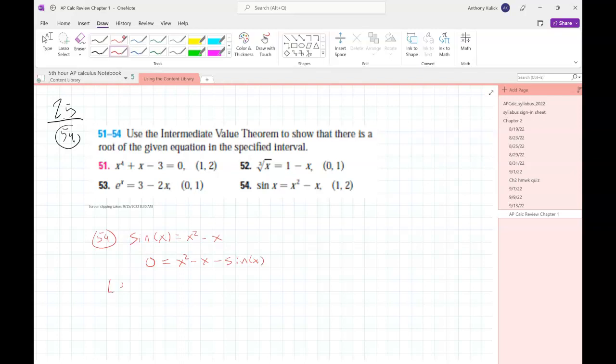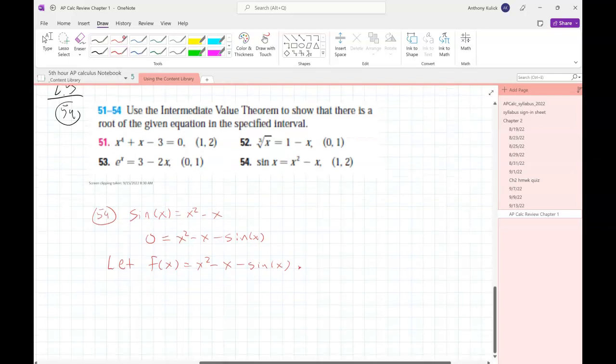So I'm going to say, all right, let the function that I'm going to use the intermediate value theorem on be this. The first thing I need to do before I can use the intermediate value theorem is to show that the function I'm working with is continuous over this interval. What's the easiest way to do that?